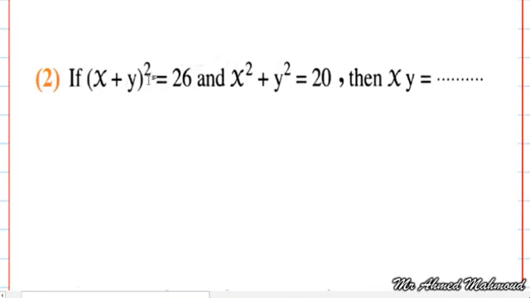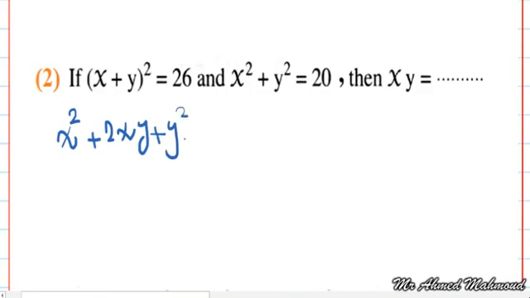(x plus y)² equals 26. I'm going to solve this one by using the rule: first by first, 2 times first times second, second by second. It will be x by x equals x², 2 times x times y equals positive 2xy, plus second by second, y times y, y².